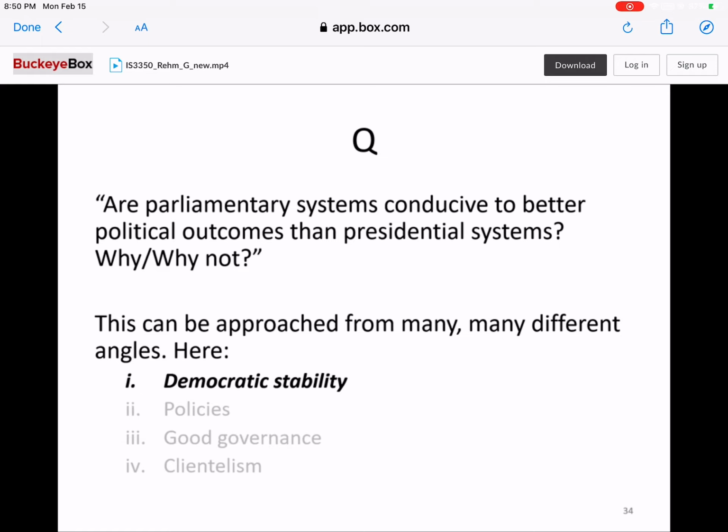I just want to take the first example to show you that even if we narrow down the question to, are parliamentary systems better in terms of democratic stability than presidential systems, the answer isn't so straightforward.